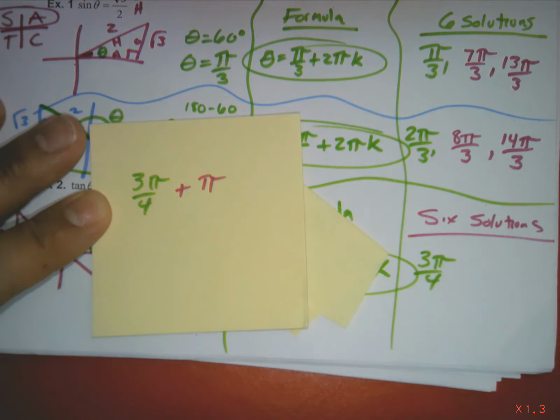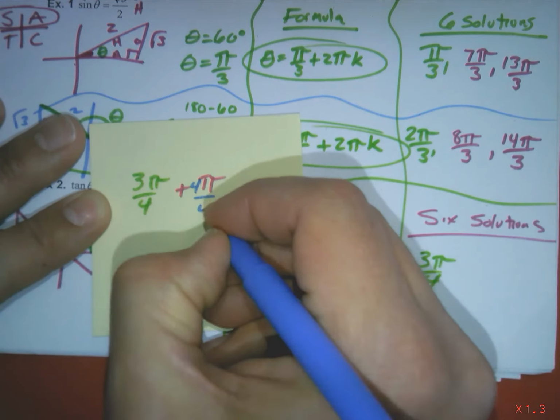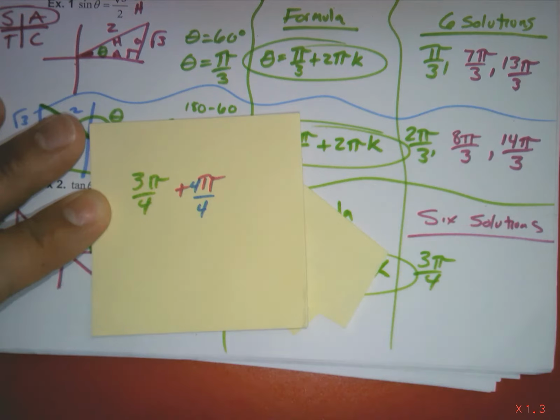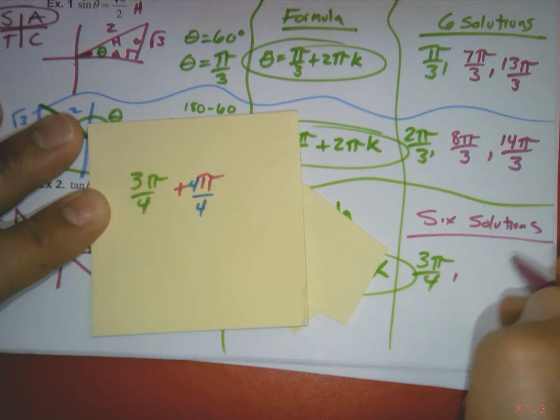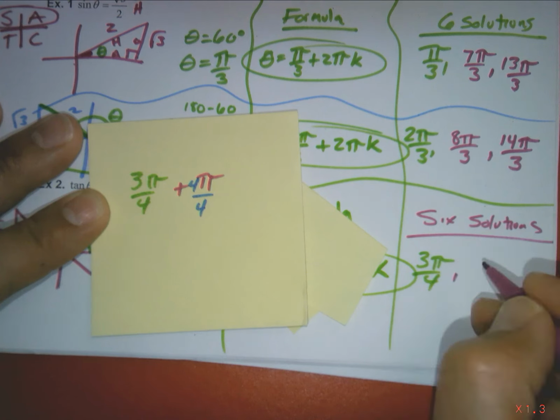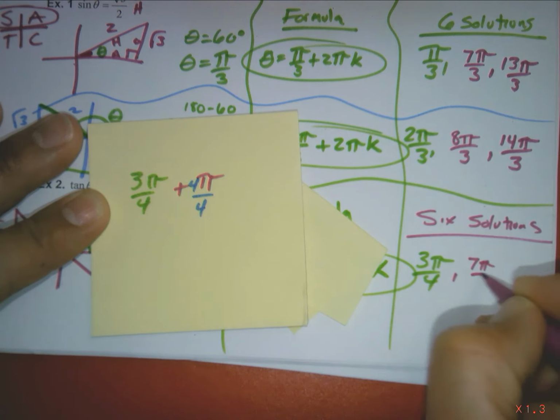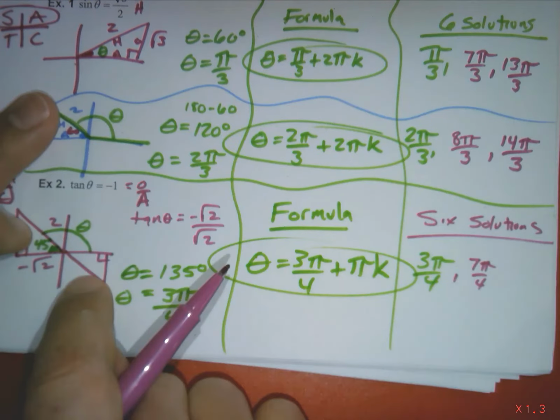If I get common denominators, I multiply top and bottom by 4. That's 4 pi over 4, right? So just keep on adding 4 to the top. 3 plus 4 is 7 pi over 4. That puts me in quadrant 4.